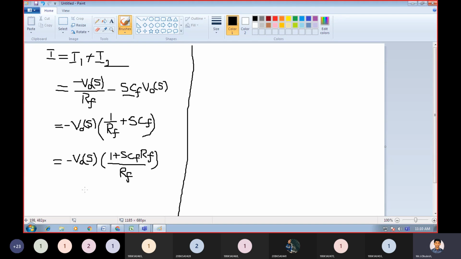That equals to, here the I value is equal to, what is the I value? SC1 VI of S divided by 1 plus SC1 R1.